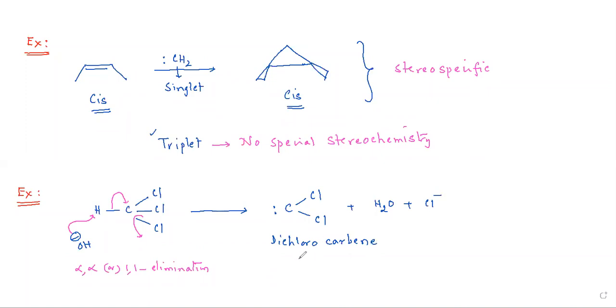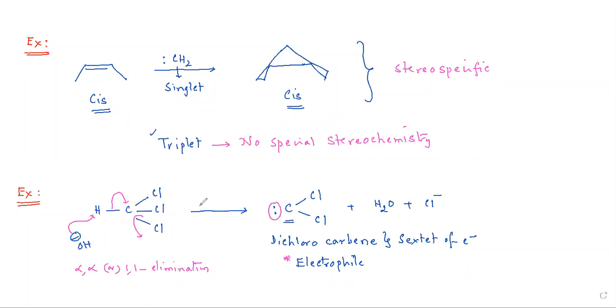Even this dichlorocarbene, remember it's an electrophile. Because the central carbon, I mean this carbon, has got only 6 electrons in its valence shell. I told you that it is called sextet, just like octet. Okay, so this is an electrophile because it has a sextet of electrons. Very important. It appears as if it is a nucleophile with this pair of electrons.